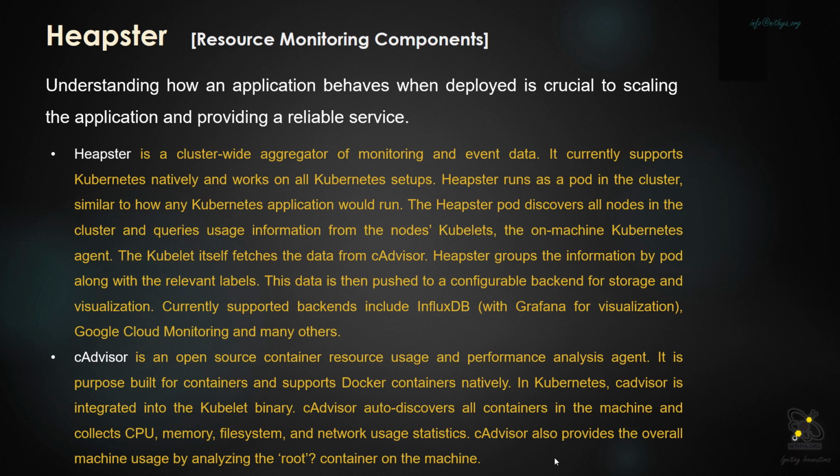Everything you can get via cAdvisor. So if you understand Heapster, cAdvisor, and the kubelet, this combination works well for larger clusters to get reliable services by getting the information from these components. We will also see how we control provisioning via these details.